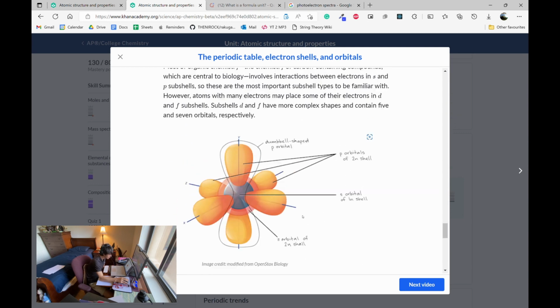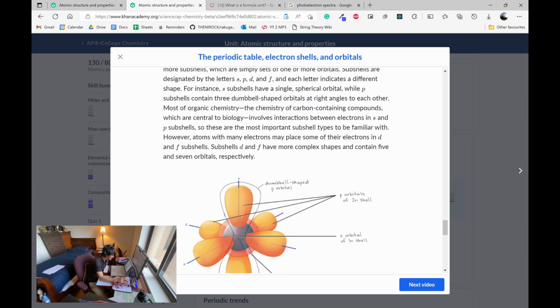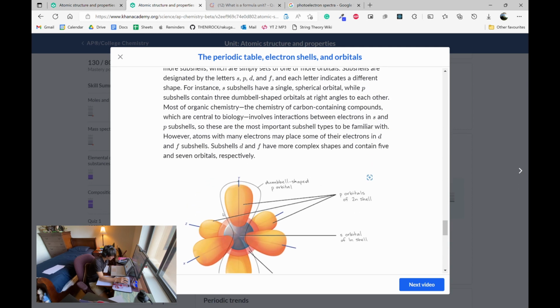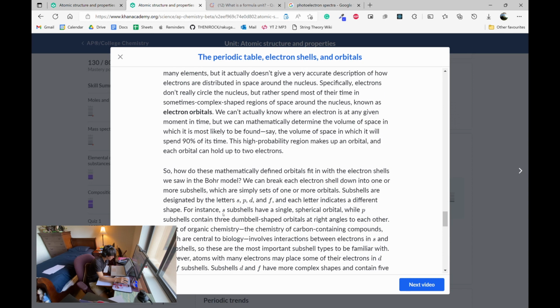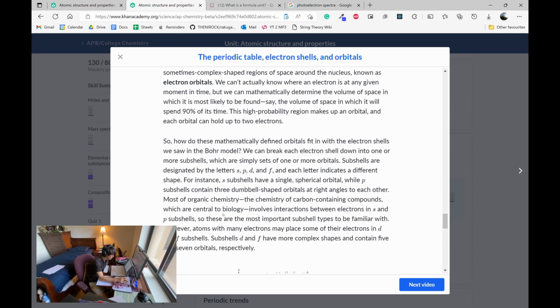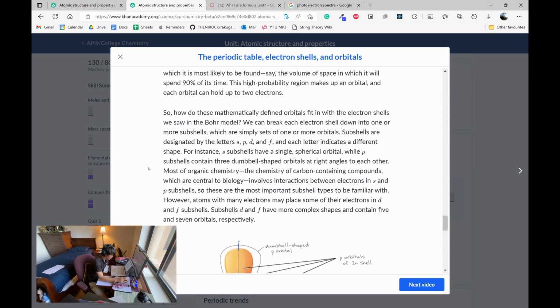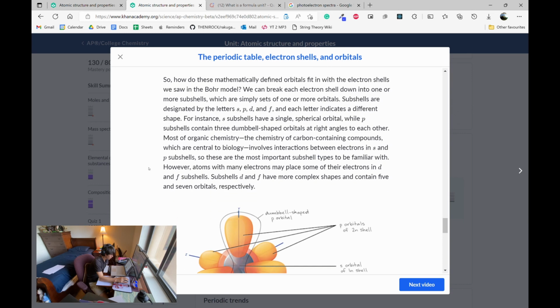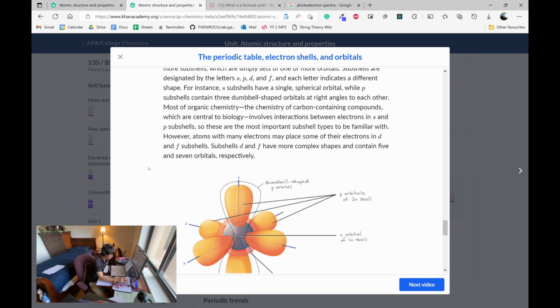What is this? S, P, D, and F, and each letter indicates a different shape. Spherical orbit. S is spherical, P is dumbbell, at right angles to each other.